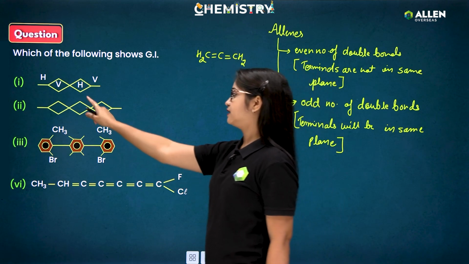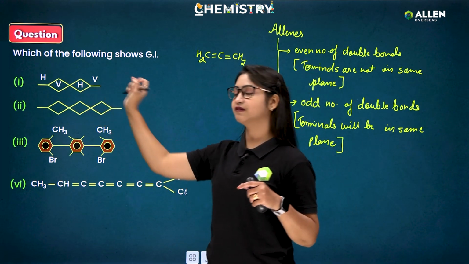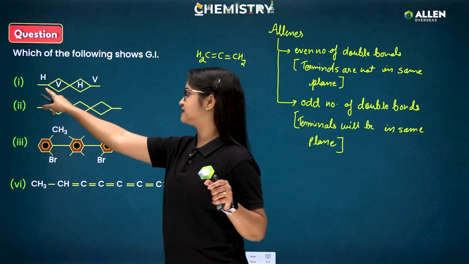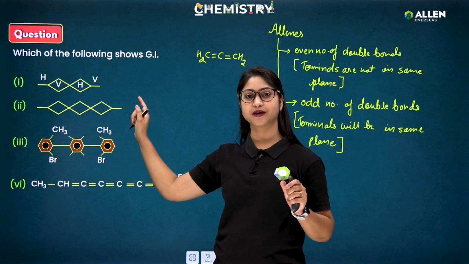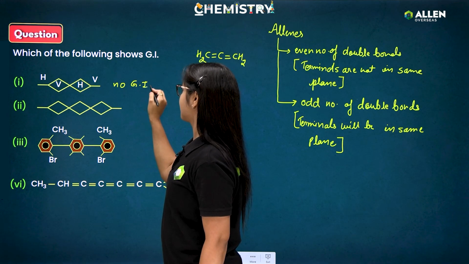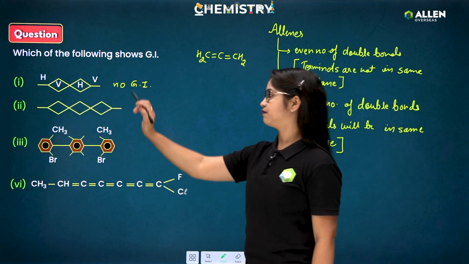That means they will be present in different planes. If one is vertical, the other will be horizontal, so they are perpendicular, and their ends will also be perpendicular to each other. That's why here no GI is possible, no geometrical isomerism for the first compound.